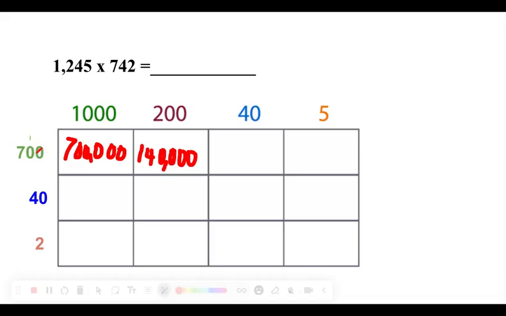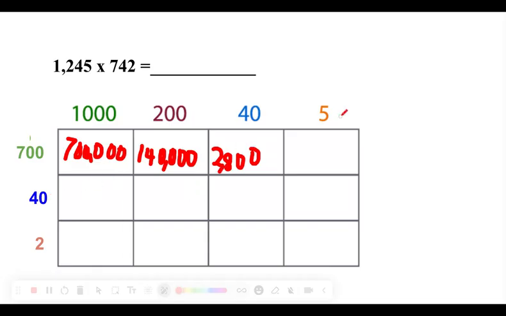Now I need to multiply 700 times 40. Again, the first digits only. 4 times 7 is 28, so I write 28. And then I count up the zeros. There's 1 here, there's 1 here, so that's 2 zeros. So 700 times 40 is 28,000.